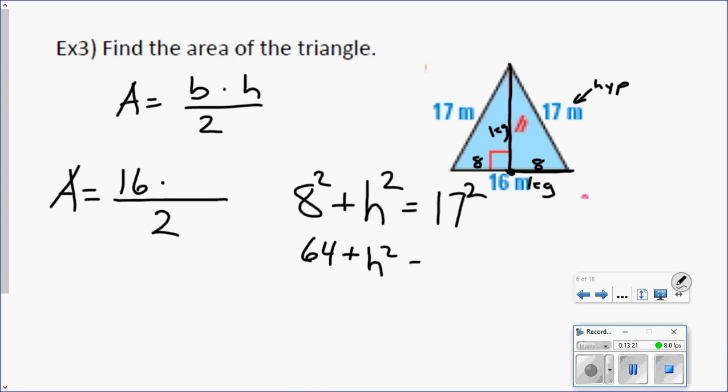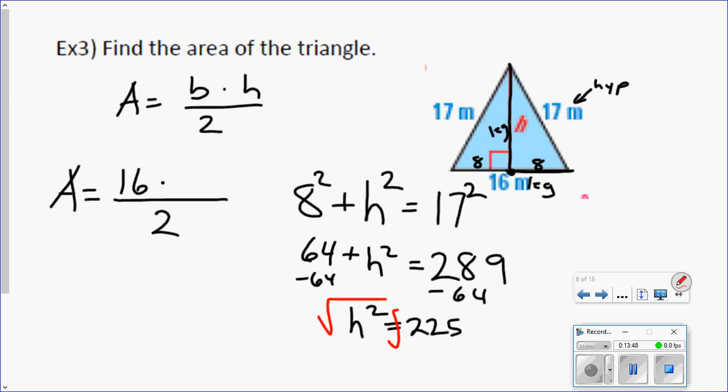What is 17 squared? So minus 64 from both sides. And then in order to find h, we take the square root of both sides.